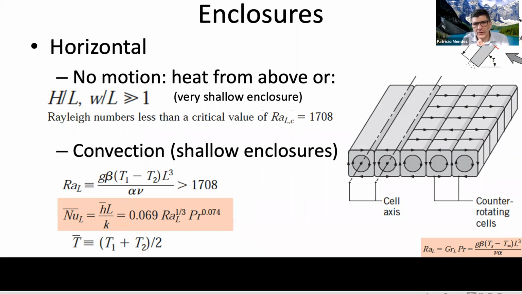But if we heat it from below, what is hot at the bottom wants to go up because it expands. And the way things go up in horizontal shallow enclosures is very interesting, because it is what they call self-organized criticality. They generate convection rolls that are like gears in a machine.